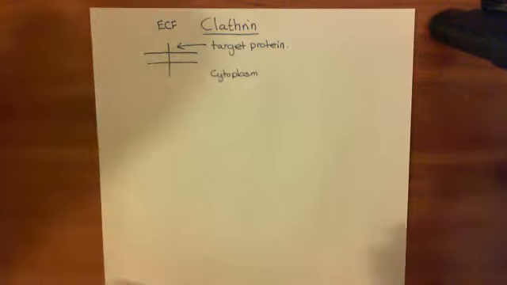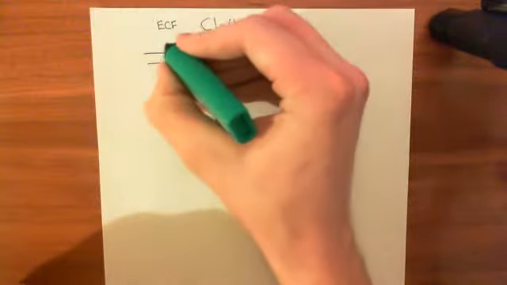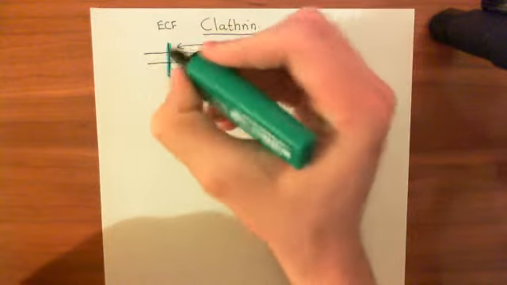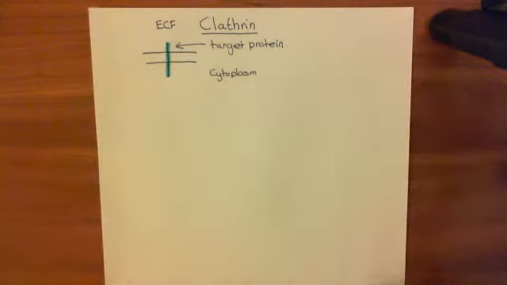Any target protein for endocytosis will have on its cytoplasmic side some sort of sequence of amino acids which is exposed to proteins within the cytoplasm and will tell the proteins in the cytoplasm that this protein needs to be endocytosed.